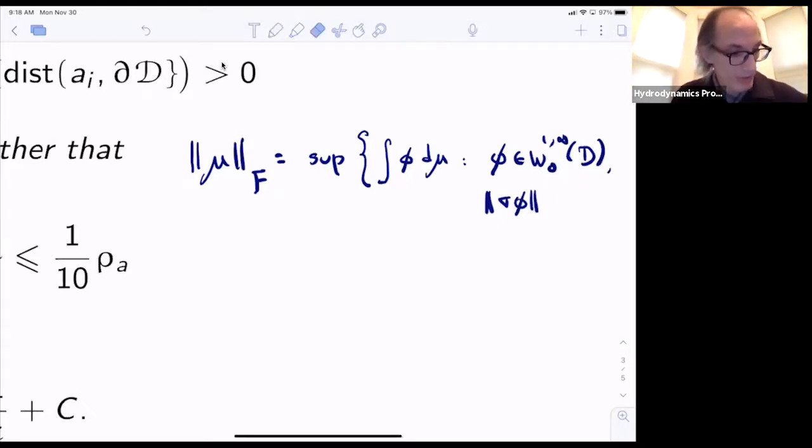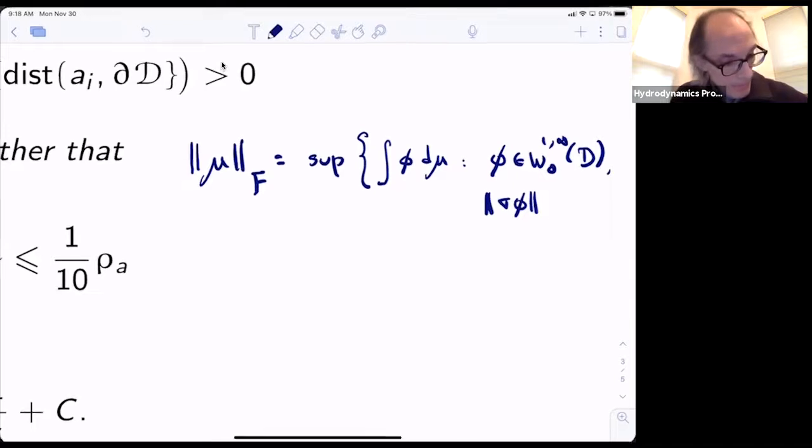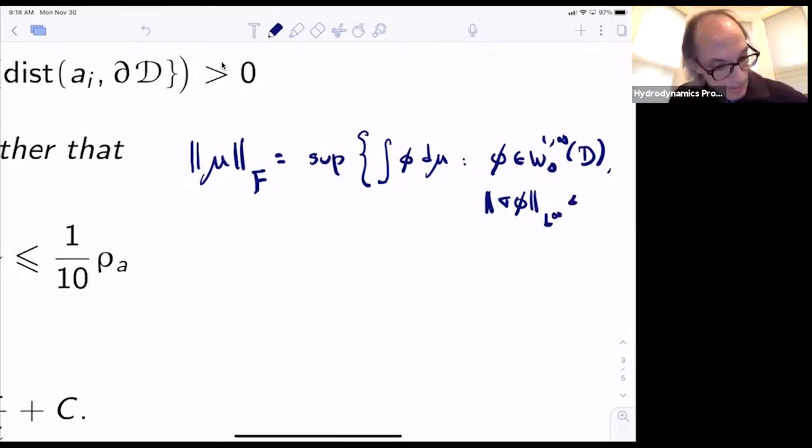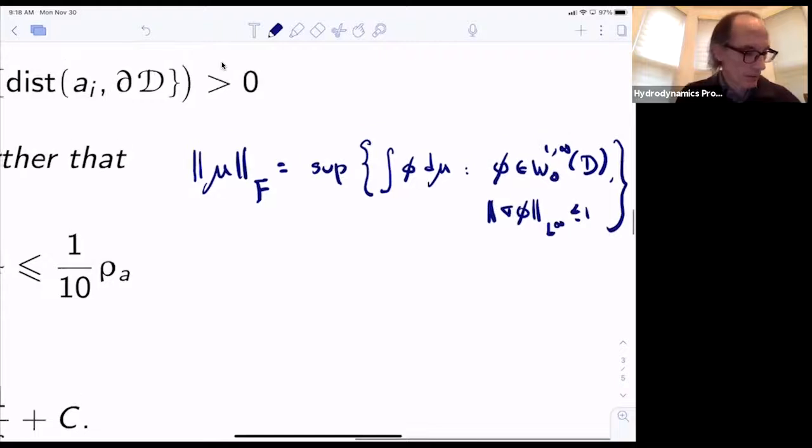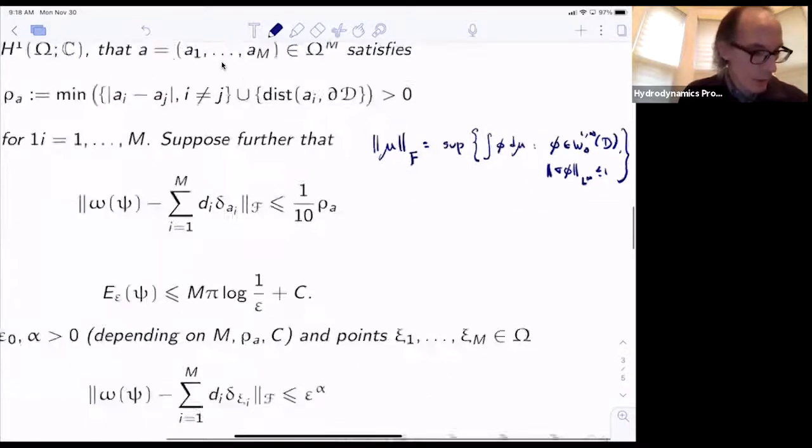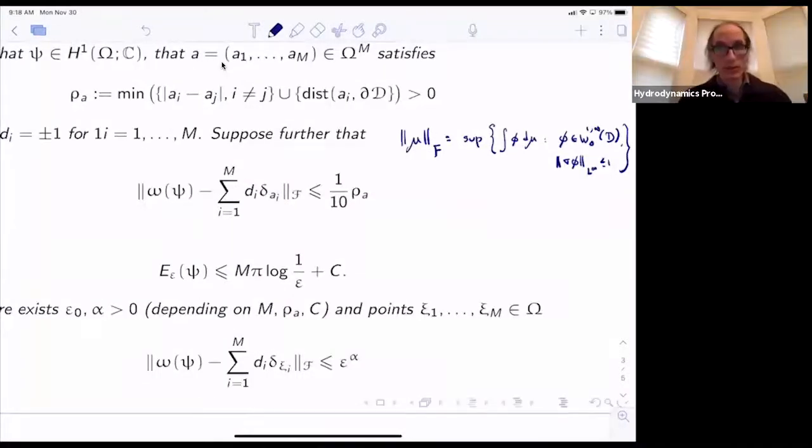So it's a 1-Lipschitz function with 0 boundary conditions. Okay, and I'll prove some things about this a bit later today. This is a bit like the flat norm we were discussing in the 3D Euler equations. It has those nice similar geometric properties.